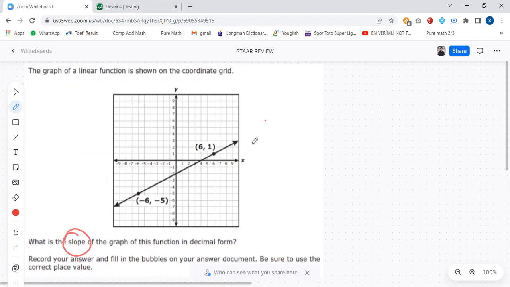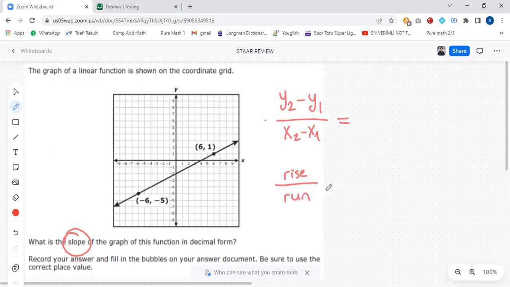So slope is the question in this case. So if the question is the slope, you can go to your reference sheet and look at the formulas that you have there. So rate of change or slope, that's going to be y2 minus y1 divided by x2 minus x1. So you can also use, guys, rise over run.